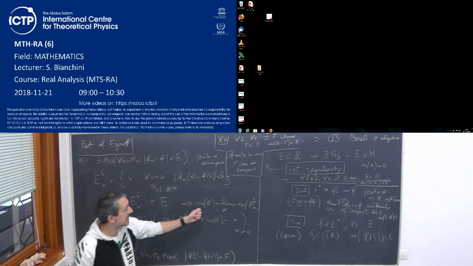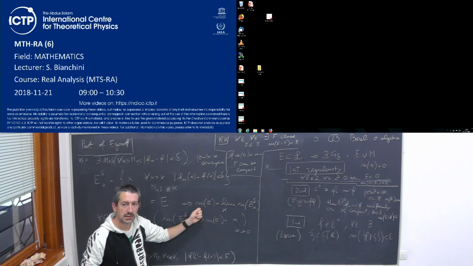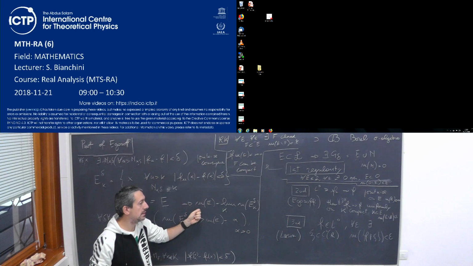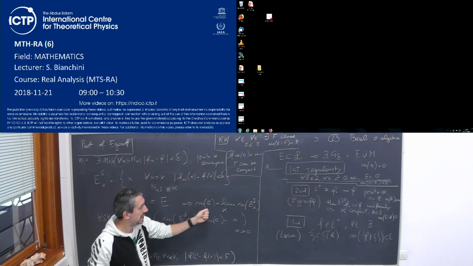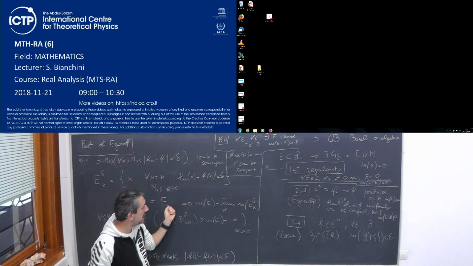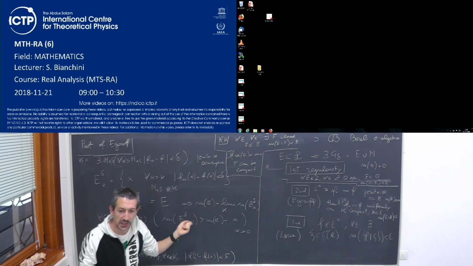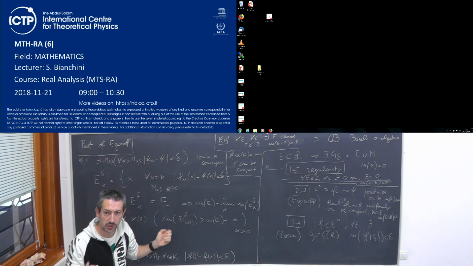The set E_{delta,k} is contained in E, and if the limit holds, by definition the measure is monotone, so this is for sure.